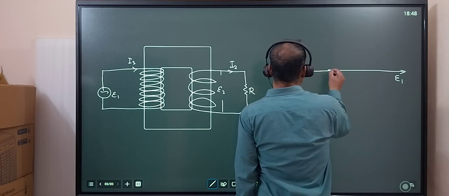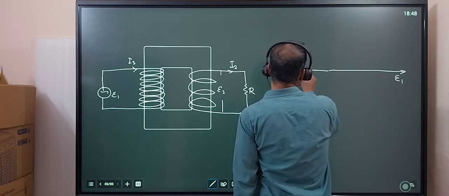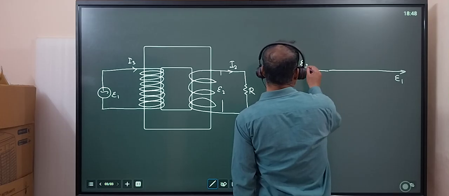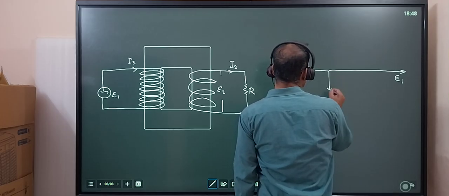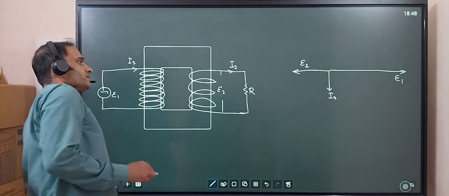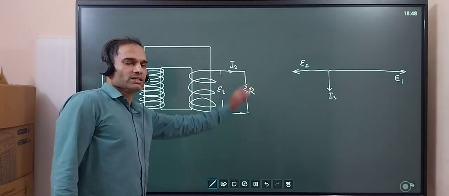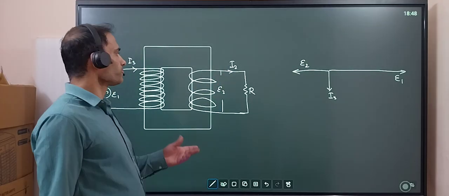E1 and E2 were opposite, right? And Is was at 90 degrees with E1.